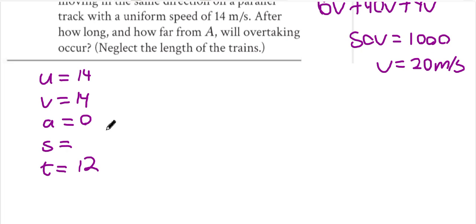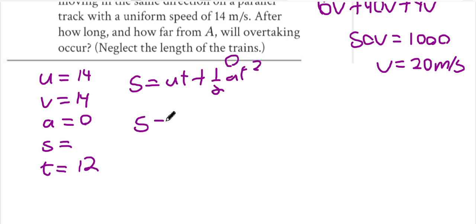It's quite easy because it has no acceleration, it's simply velocity multiplied by time. If you want, you can use s equals ut plus a half at squared, but clearly the a value is 0, so s is 14 multiplied by 12. s is 168. Agreed?